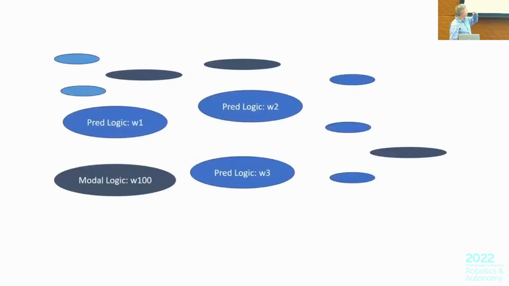This is how I'm trying to represent it: when you think, you actually think partially in some logic, partially in other logics. Here I just put predicate logic and modal logic, but there are other things there. The key thing, the reason why it works, is that these things are connected. They are not completely independent. You may think at the same time in two different logics, and you have some mapping between some elements in the different worlds that you are trying to think about.